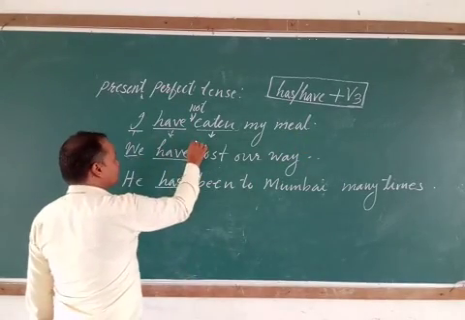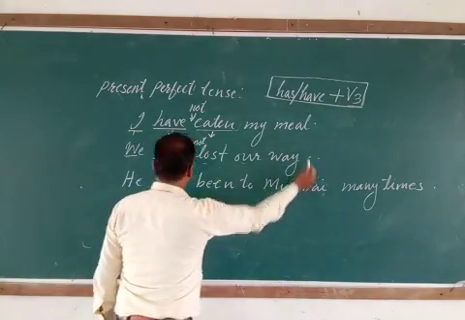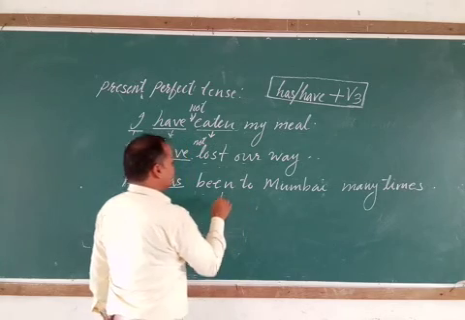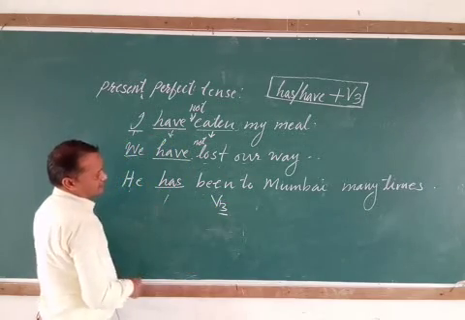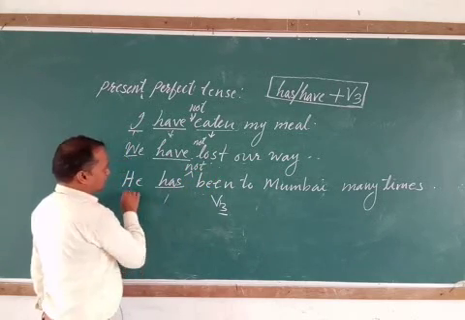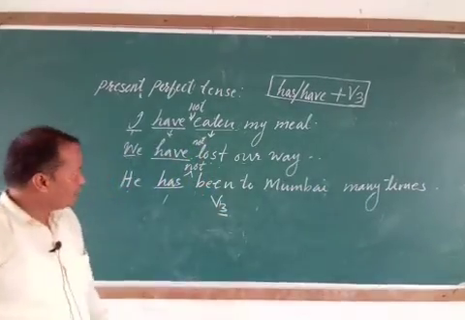We have not lost our way. He has not been. Been is the third form of the verb, and has is the helping verb. If we write not here, then it will become negative. He has not been to Mumbai many times.